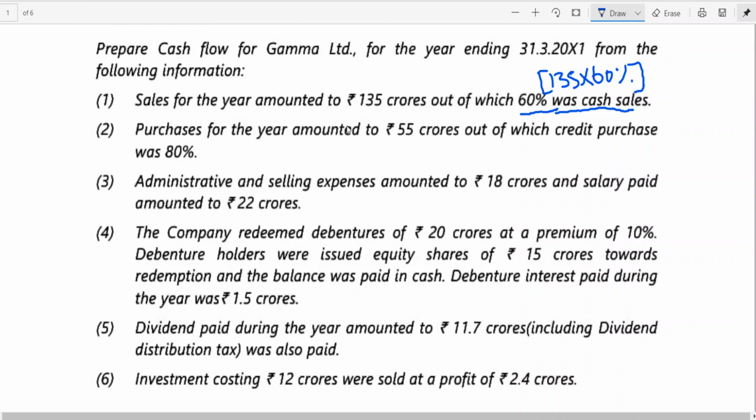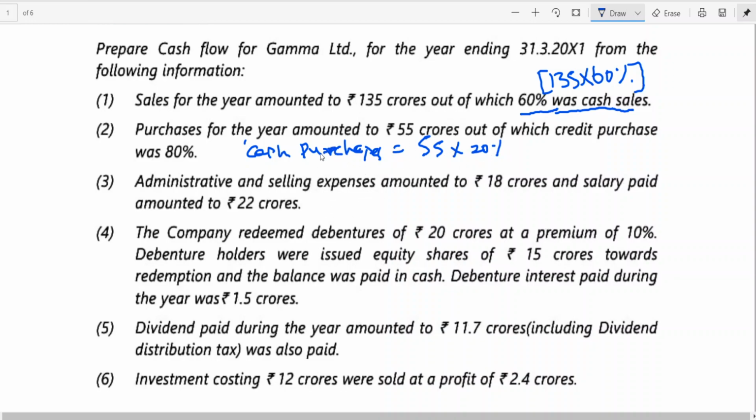Then purchase for the year amounted to 55 crores, out of which credit purchase was 20%. That means cash purchases here is 55 crores into 20%. This is cash purchases.